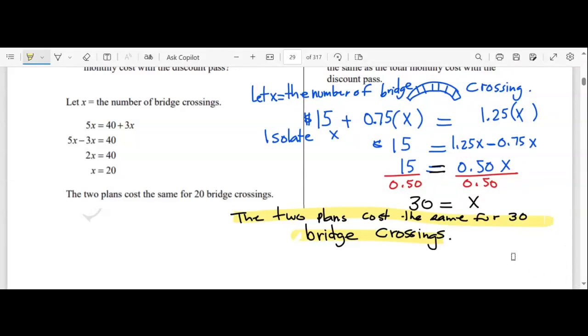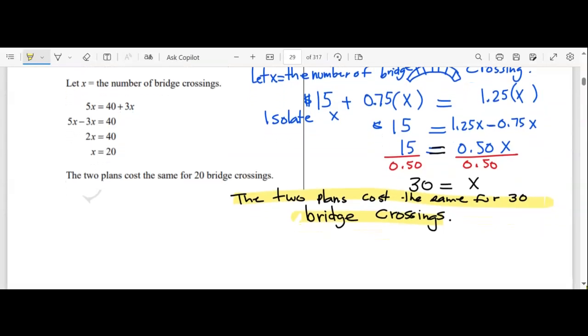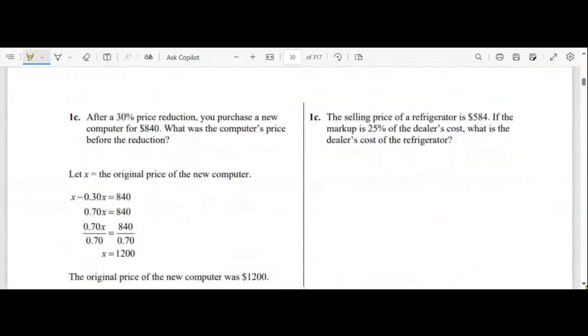What if you cross 15 times only? Then there is no benefit. Just use the regular fare of 1.25, whether you use it 1 time, 2 times, 3 times, up to 15. After that, join the club and get the discount for 1 month. Any questions? No.